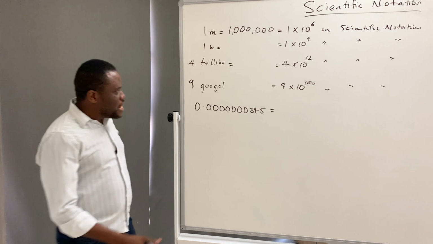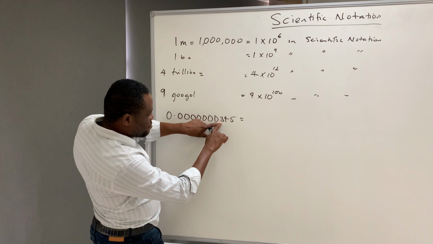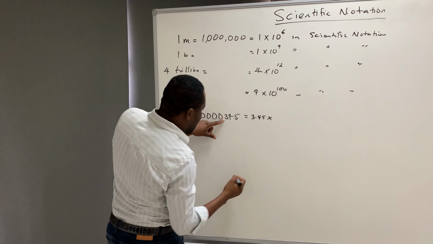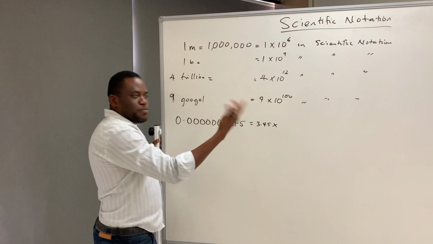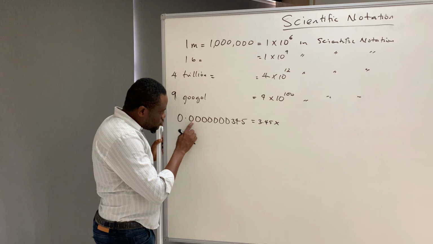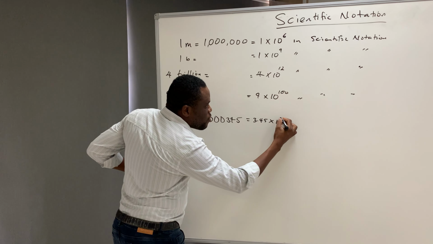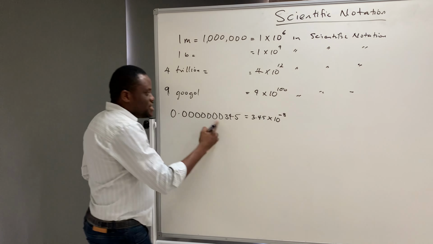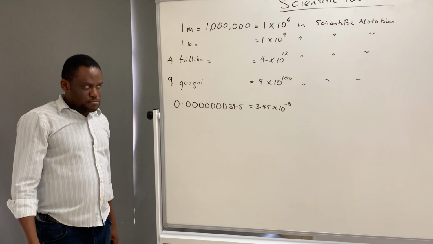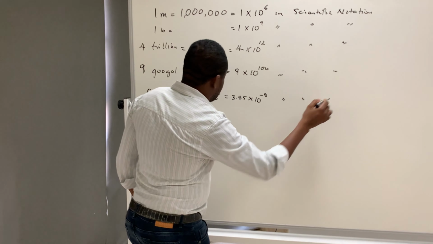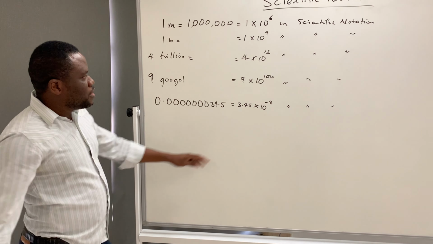This is where the number starts. So we have 3.45 times how many zeros before that number? 1, 2, 3, 4, 5, 6, 7, 8. That is 10 to the power of minus 8, because the zeros come before the number. This is called the standard form, and this is scientific notation.